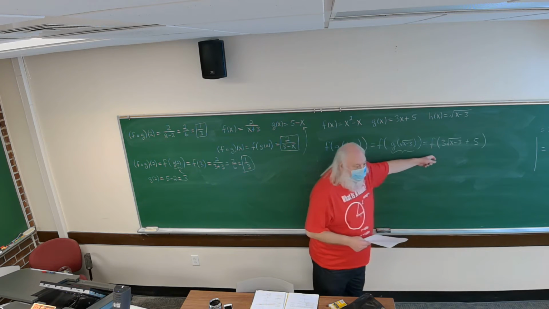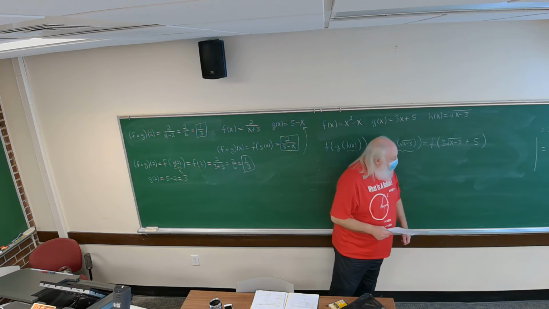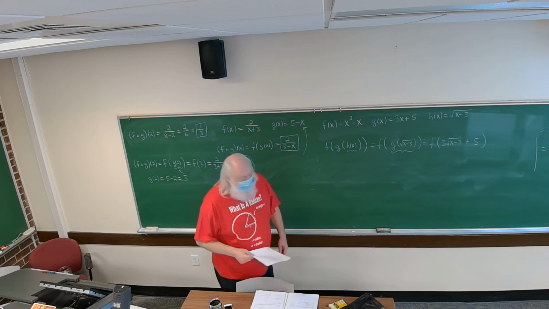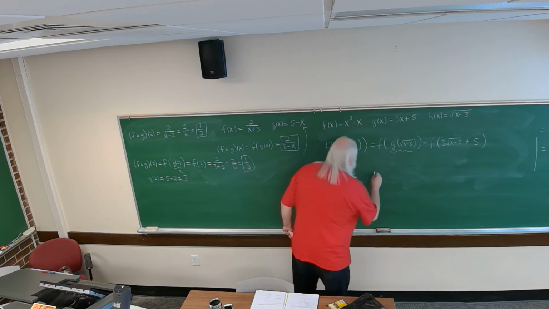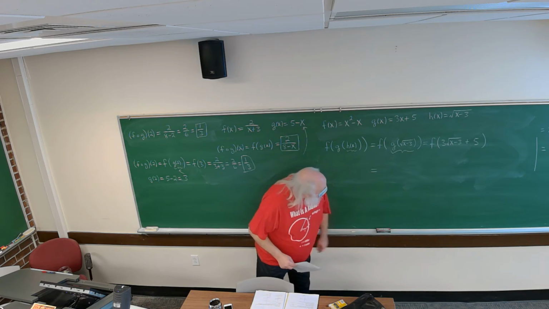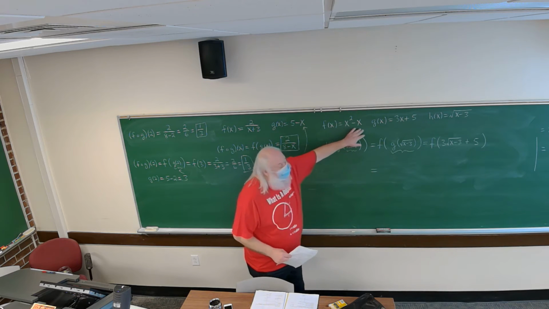Now we have to evaluate f of 3 times the square root of x minus 3 plus 5. To do that, you put 3 times the square root of x minus 3 plus 5 in for x on the right hand side of f of x.